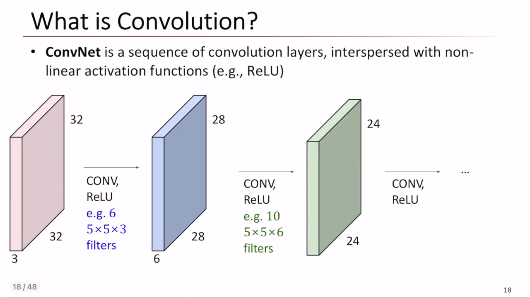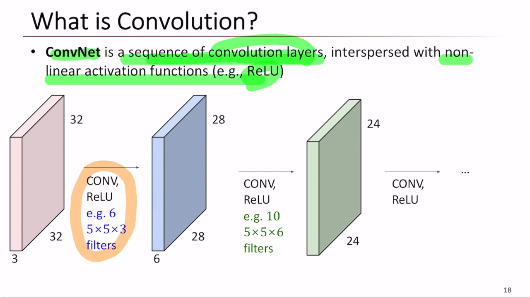Okay. So, a ConvNet is a sequence of convolution layers, each followed by a nonlinear activation function like a ReLU function. It means that from now on, we will use several convolution layers by stacking them like a deep neural network. Here's one convolution layer, here's another, and here's one more.